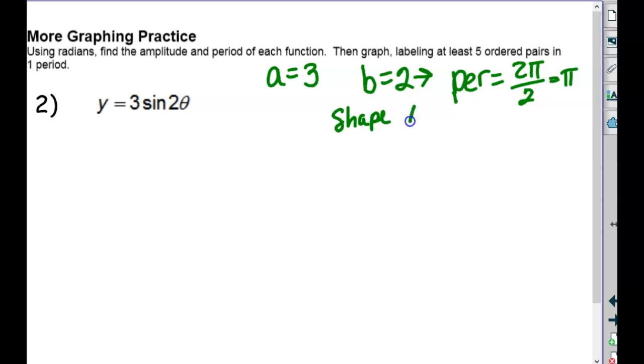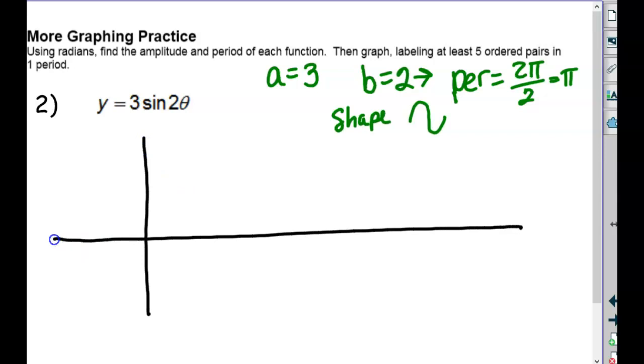It's going to start, yes, at the midline, which, does it have a shift up or down? Nope, so the midline is just 0. Okay, what does it mean to have amplitude 3? The maxes are at 3 and the mins are at -3.